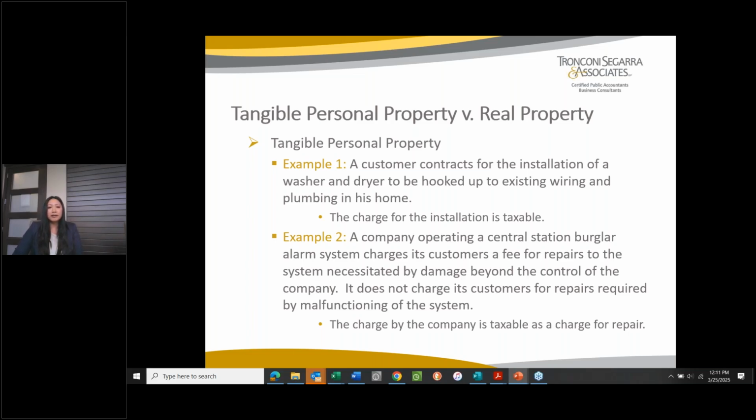And then in the second example, a customer is having an alarm system that's in their home repaired. And because the alarm system retains its identity as tangible personal property after it's installed, any repair and maintenance that's done to that property after the fact is still taxable as a charge for repairing TPP.